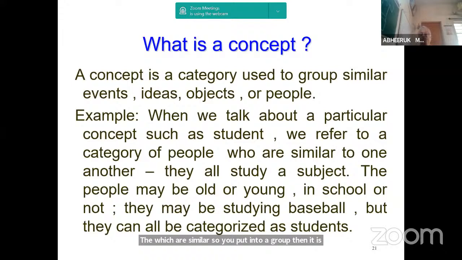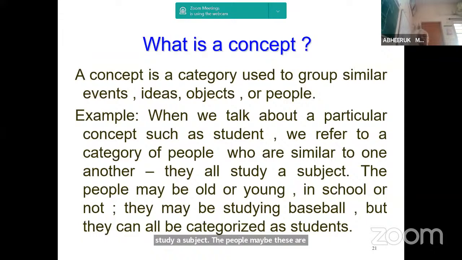Here, an example: student. What are the characteristics of a student? For a particular course, we refer to a category of people who are similar to one another. They all study a subject. These people may be old or young. Suppose a guitar class.